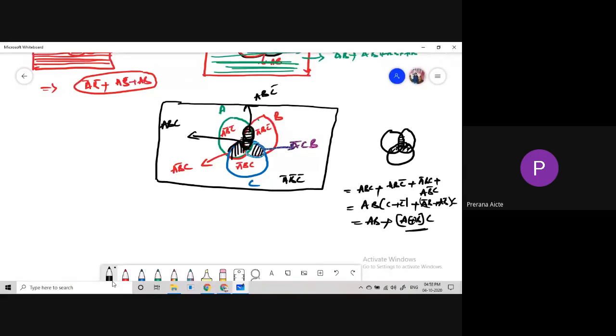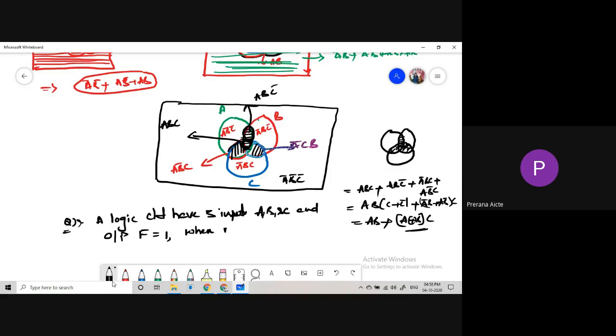Next question: if a logic circuit has three inputs, A, B and C, the output F is equal to 1 when the majority number of inputs are logic 1. So this one is the question.